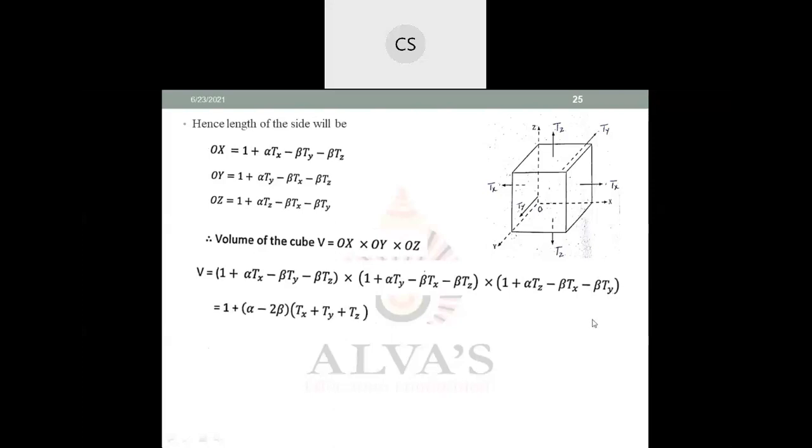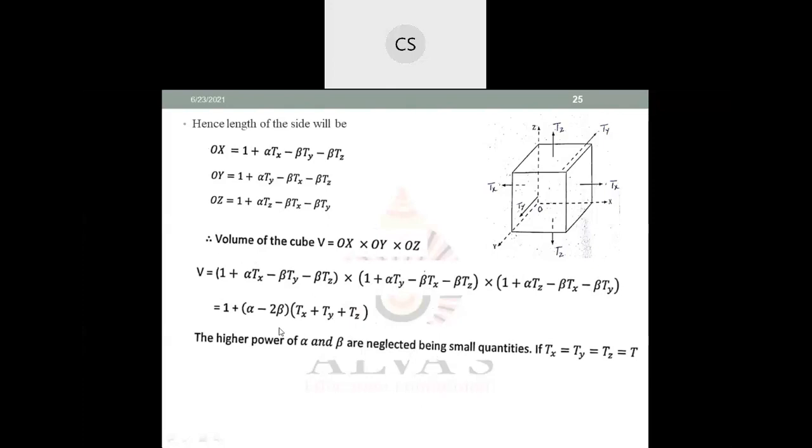On multiplication and simplification, 1 into 1 into 1 gives 1, then the second term, alpha into Tx, then alpha square, and so on, you will get different terms, but we are going to consider only the first power of alpha and beta.